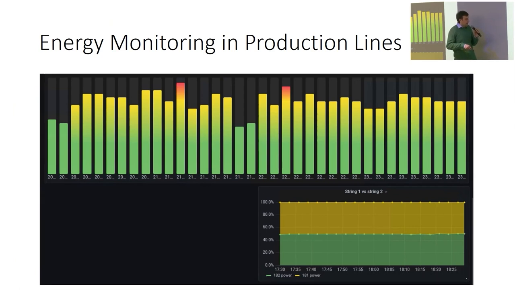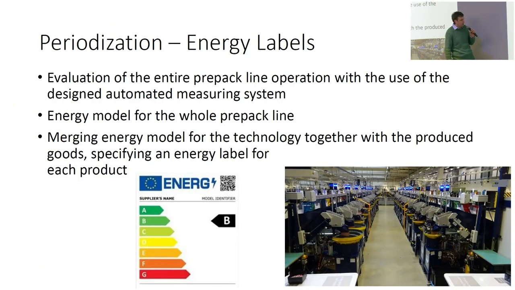With this kind of data, we are not only wanting to measure or visualize the maxima and to pinpoint the operators to those machines, but also to go towards some kind of energy labels for the production, because the production of different goods, different products can have significantly different energy labels.